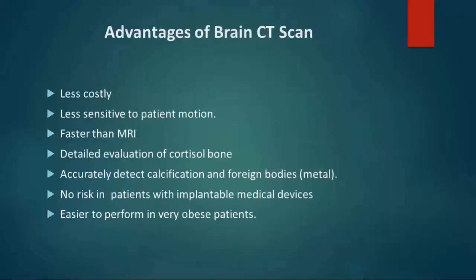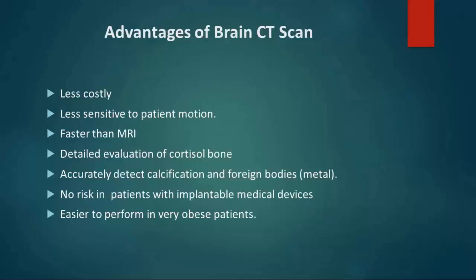So what are the advantages of taking a brain CT scan? Brain CT scan is less costly compared to other neuro images, and is less sensitive to patients' motion or movements.